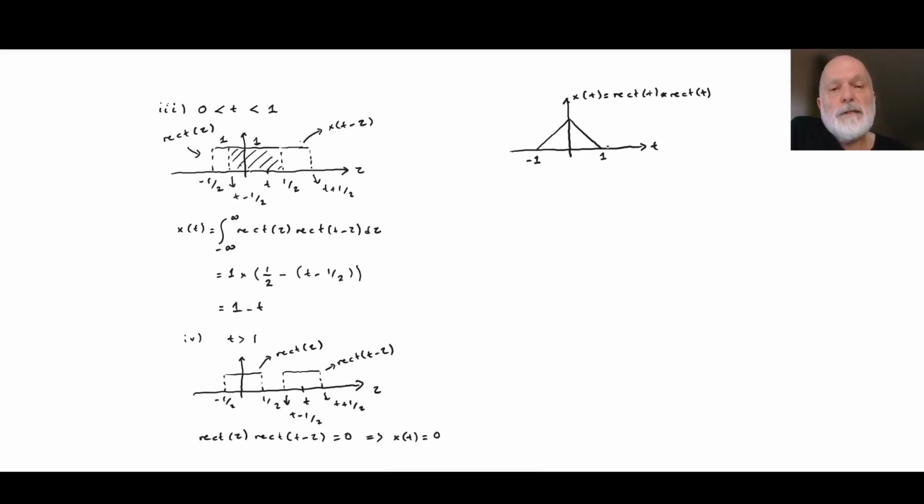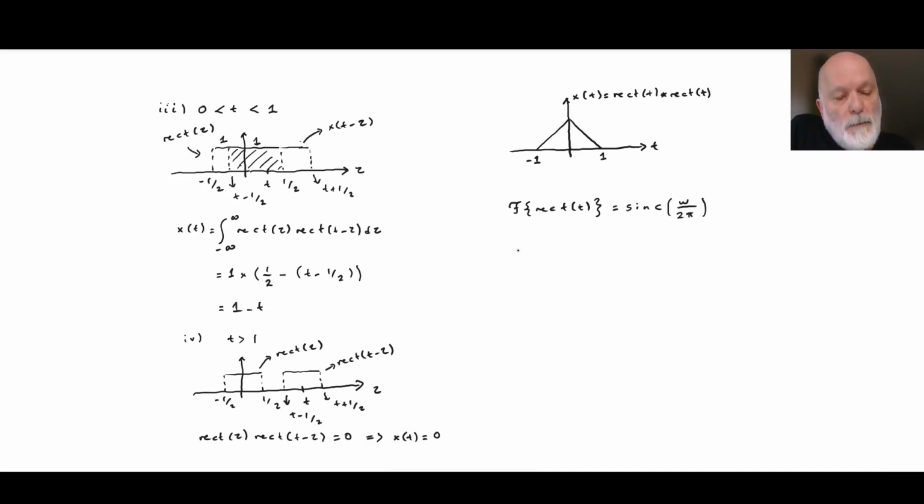Now, what happens in the frequency domain? In the frequency domain, we know that the Fourier transform of rect t is sinc omega over 2 pi.